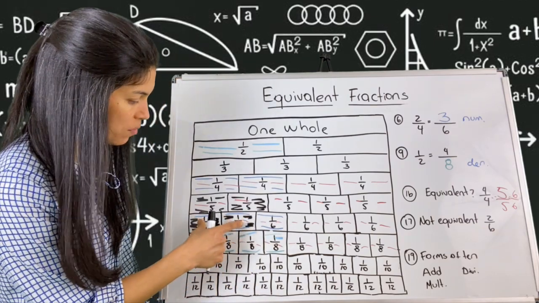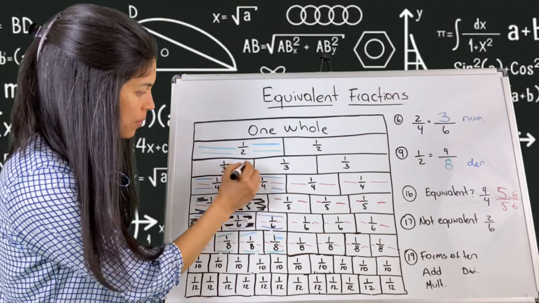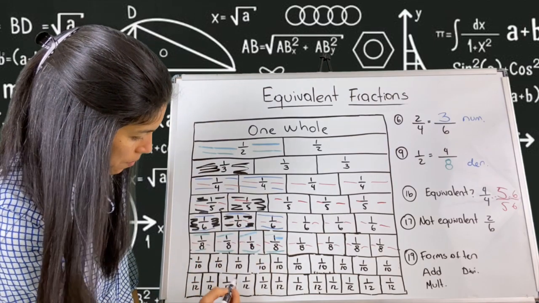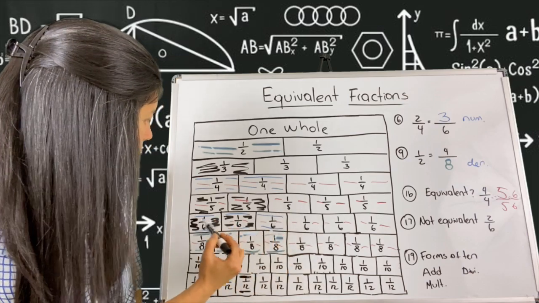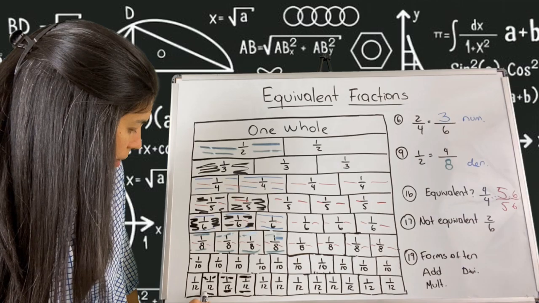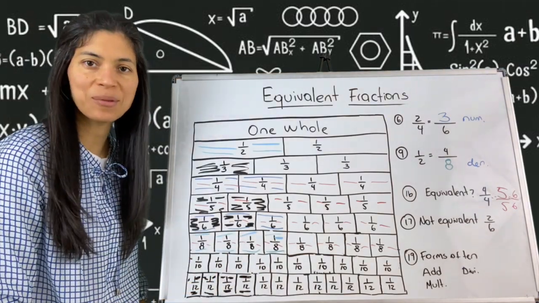The only ones that are equivalent to 2/6 are the ones that go on the same line, which will be 1/3 is equivalent. And let's see if we have over here. This is equivalent, we are on the same line, right? 1, 2, yeah. So 4/12 is also equivalent. All the other fractions don't add up to the same amount.